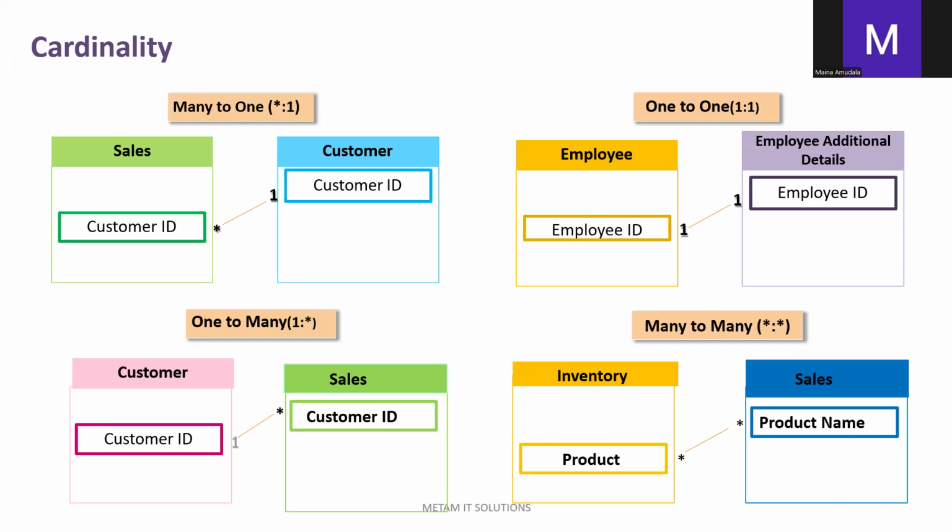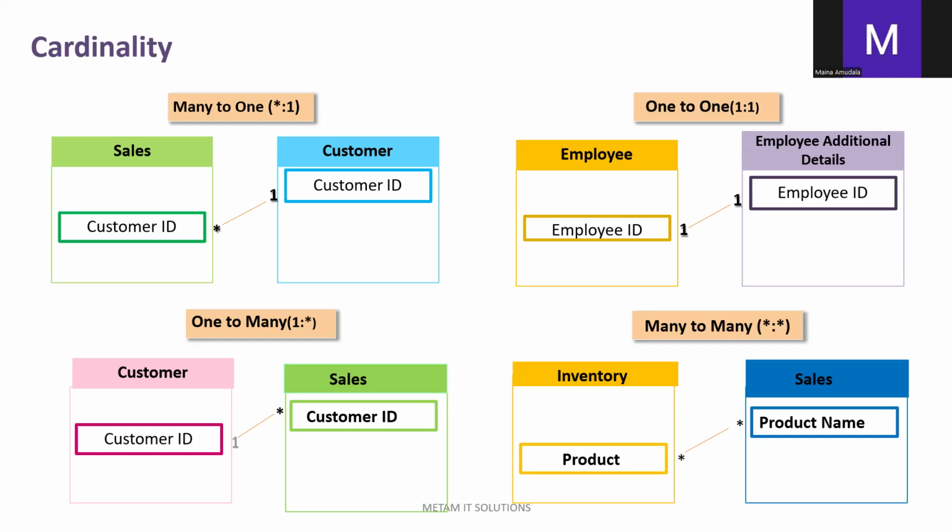This is about the relationships and how they can form in Power BI. After importing the data and getting that data into the model, the tables can have different types of cardinality relationships: one to many, many to one, one to one, and many to many.